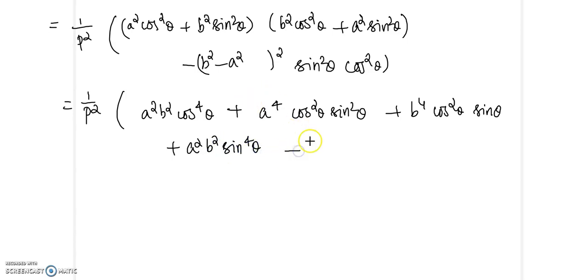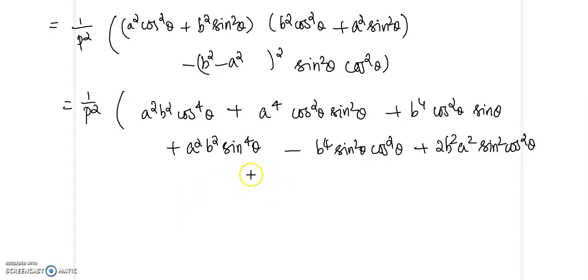Then expanding the last term, you will get minus b raised to 4 sin square theta cos square theta plus 2 b square a square sin square theta cos square theta minus a raised to 4 sin square theta cos square theta.